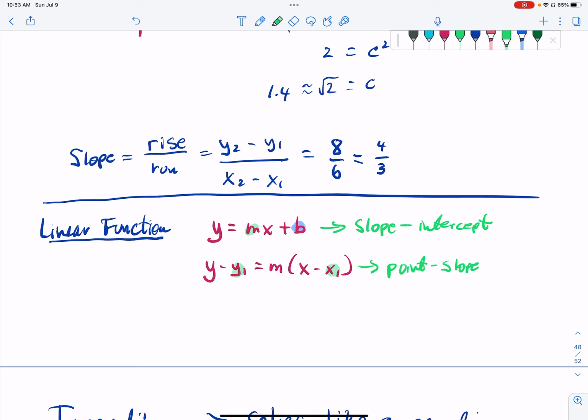That's not a variable. That's a point and coordinate in order pair that you're given. The x and the y without the subscripts, those are the ones that are the variables. And then, of course, your m is going to be your slope. Slope that you have either already calculated, like this, or slope that's given to you, or whatever.